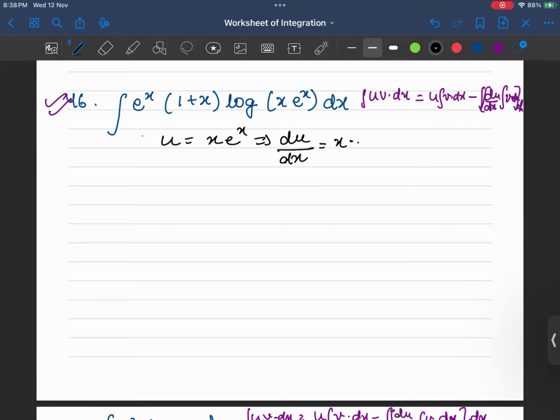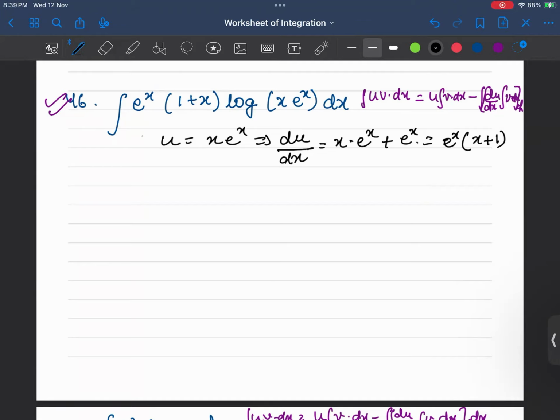First x, then differentiate, plus differentiate the second, and keep the other one as 1. Right? Because we have done lots of questions like this in the differentiation part. So e power x would be common, and it would be x plus 1.